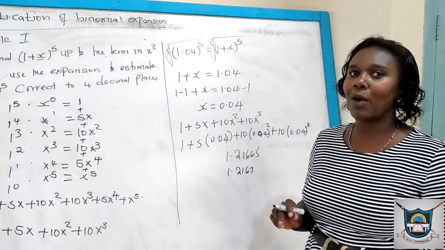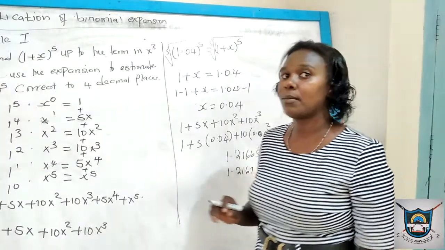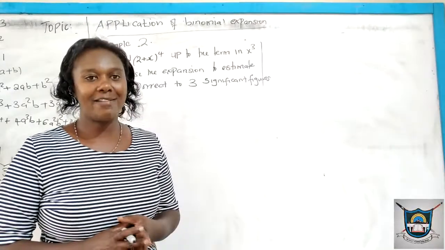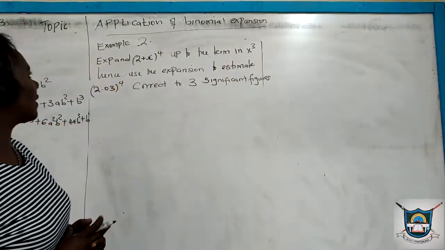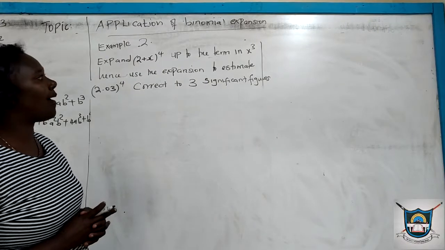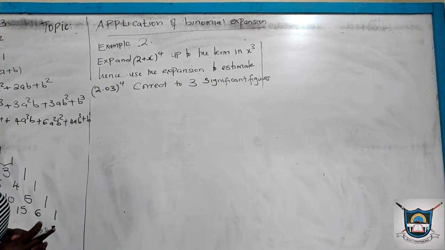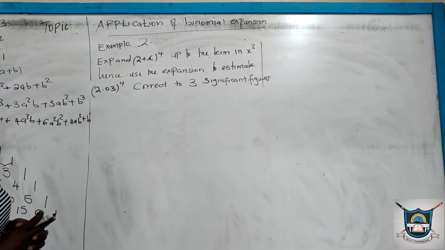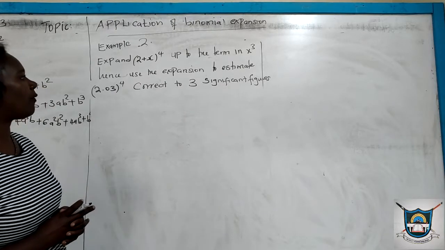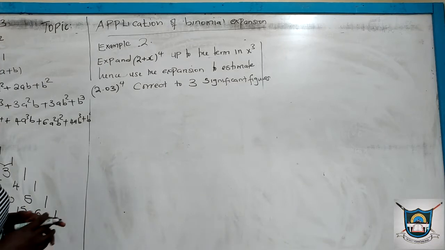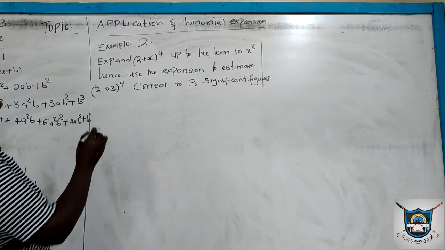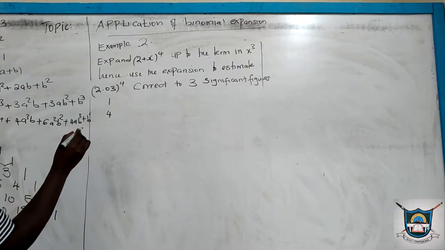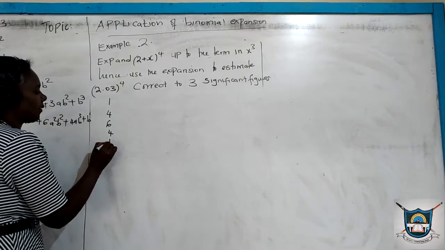Now we go to our second example. We have our second example, which is: expand 2 plus x to power 4 up to the term in x cubed. Hence use the expansion to estimate the value of 2.03 to power 4 correct to 3 significant figures. So we start by expanding. Now we need the coefficients, which are 1, 4, 6, 4, 1.